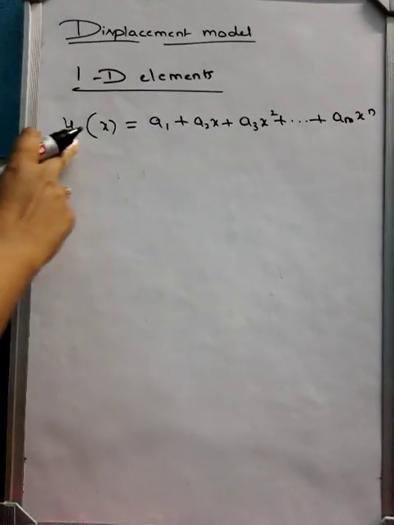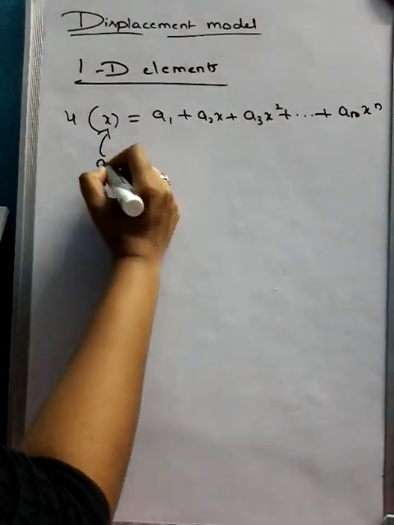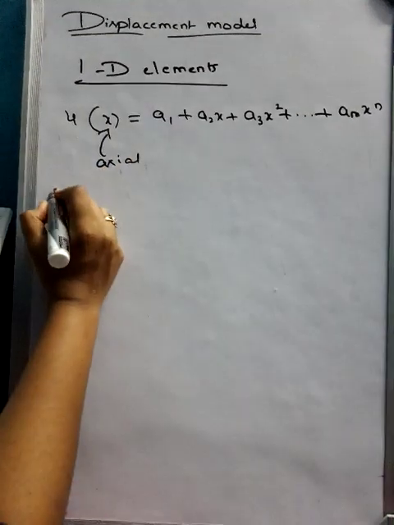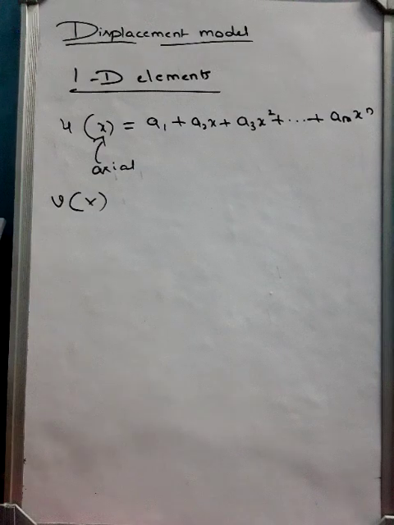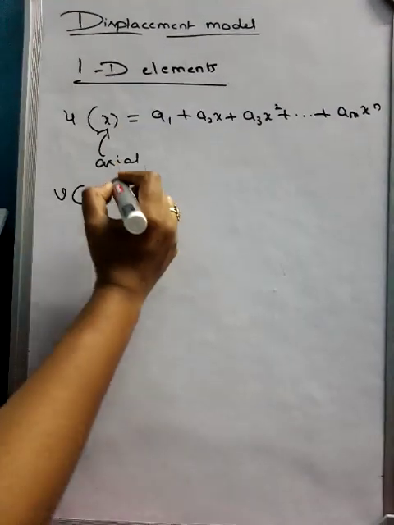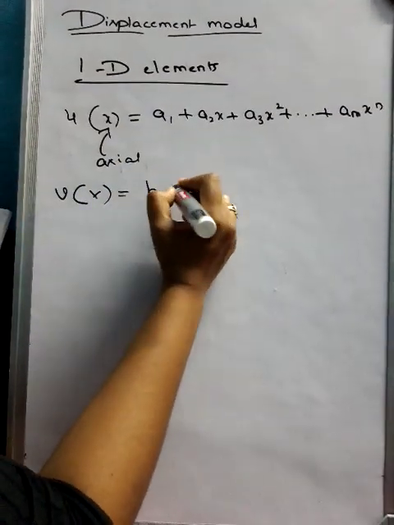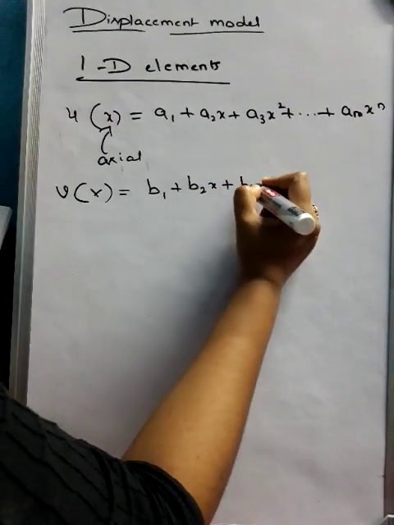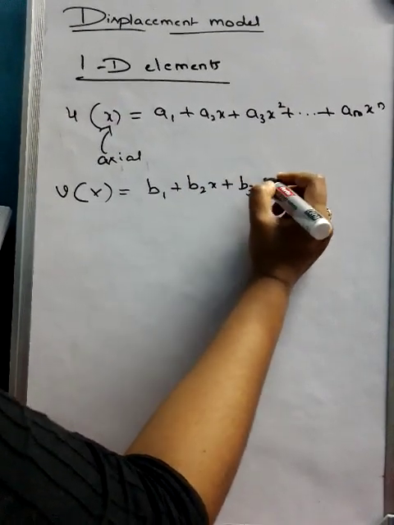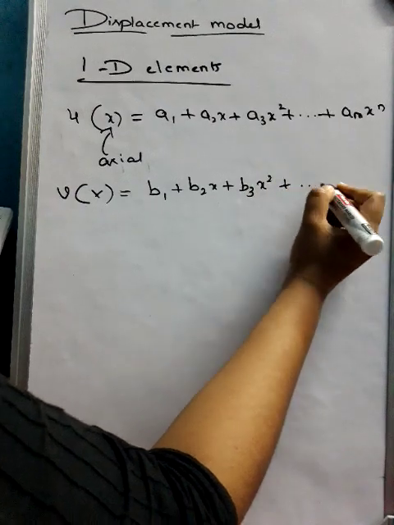Now, this is for axial, and if you have any displacement in the transverse direction, or y direction, that would be written as v of x is equal to b1 plus b2 into x plus b3 into x square, and so on.